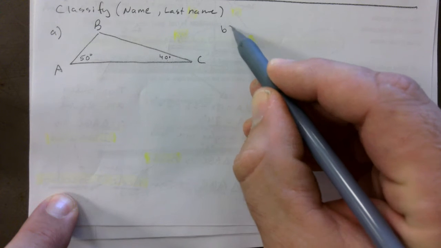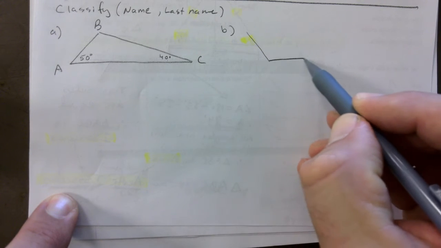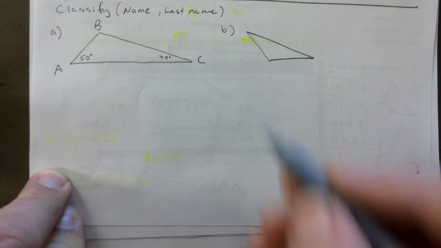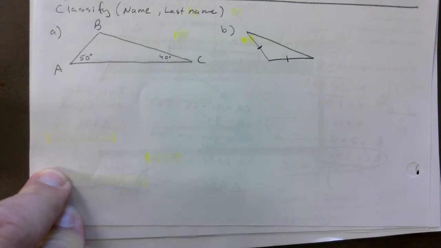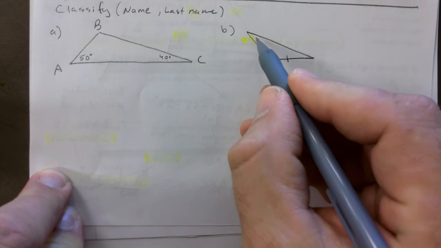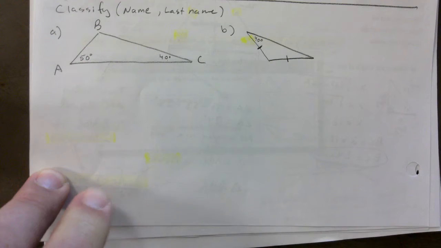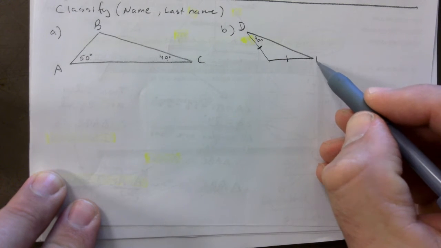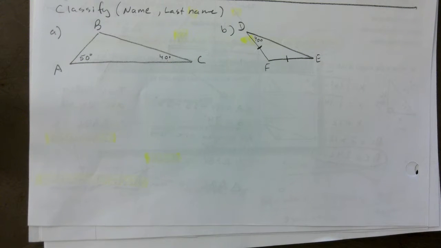Let's try another example right next to it. I'll make a mark there and a mark there. And say that this is 40 in this corner here. And we're going to go D, E, F like that. I just want you to get used to the letters.